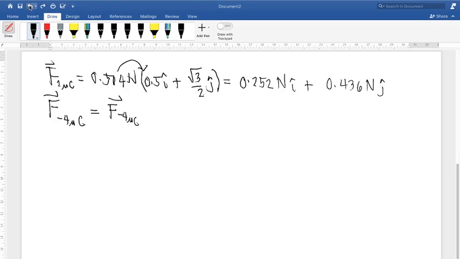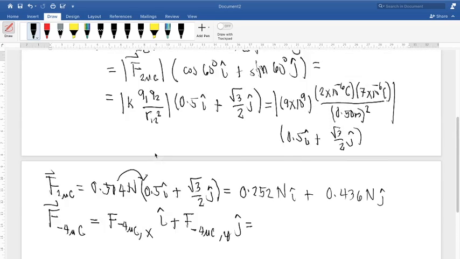Erase. So this one is the x component i hat plus the y component of the force j hat. Then we can express this x and y using cosine theta and sine theta.